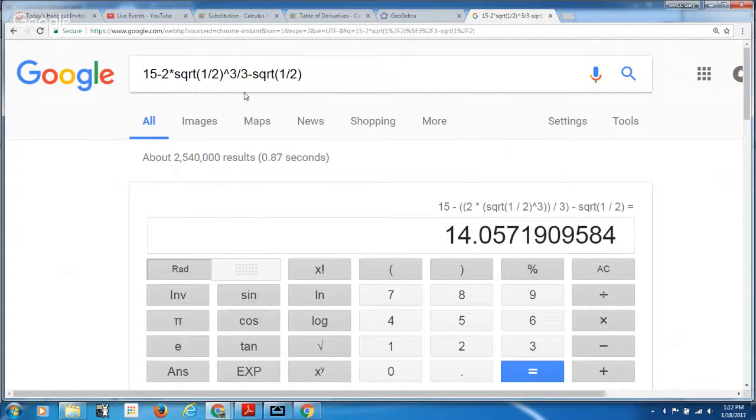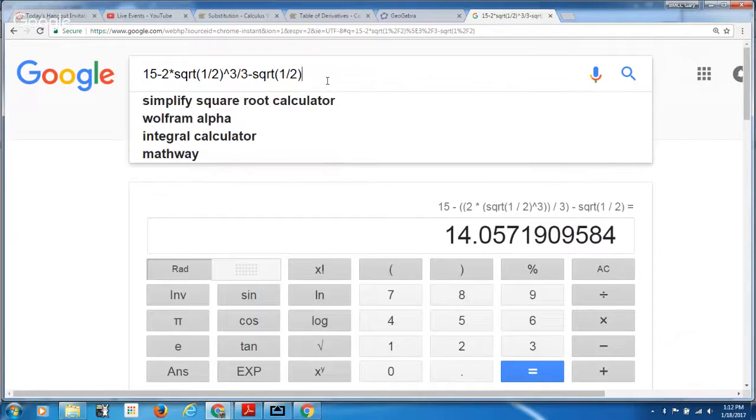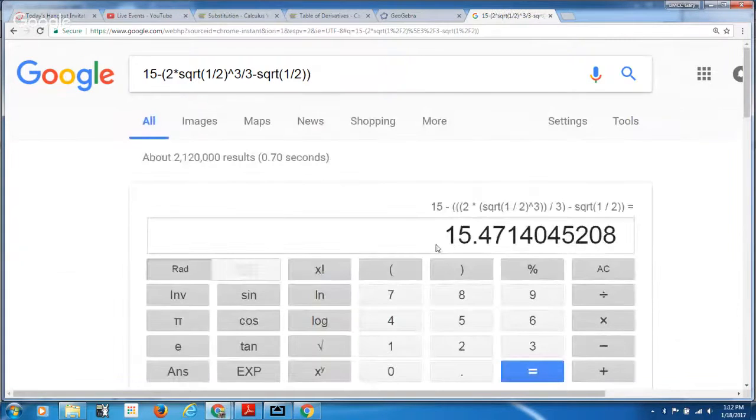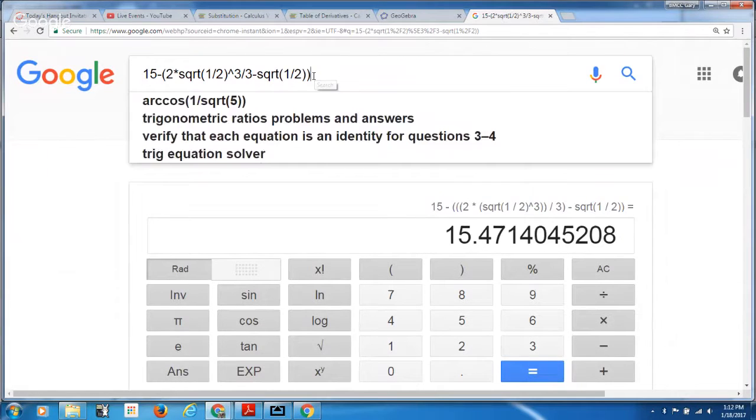I do have parentheses out of place. There should be a parenthesis around this little sucker right there. Ah, and that should be 15.47. Okay. Good thing we double check our work, huh? And learn how to use a calculator properly.